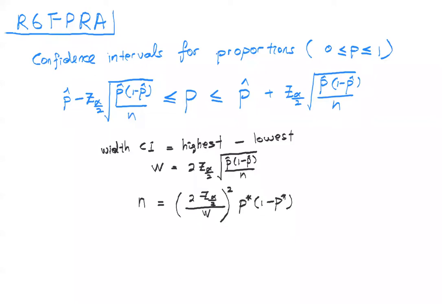Before I explain the 3 possible values, can I write this as definitely a constant? If you fix the confidence level and you fix the width, this will be a constant, correct? So your P will be the variable.